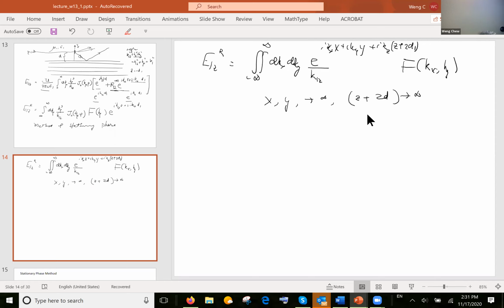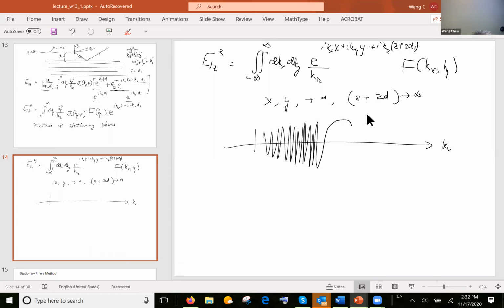So thinking of this as a one-dimensional integral, the integrand is going to be rapidly varying like this. I'm just illustrating this with the kx integration.